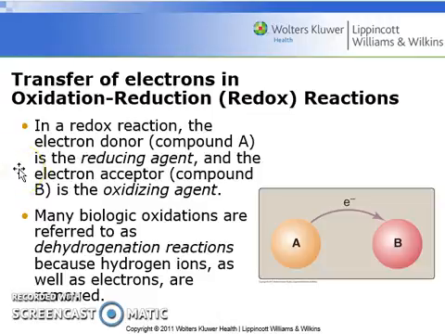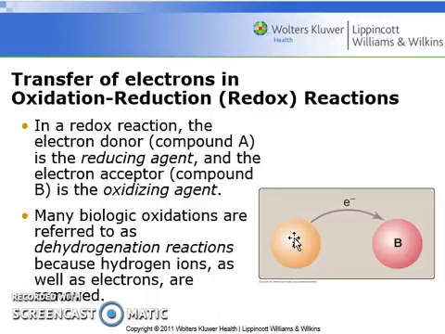So the transfer of electrons in oxidation reduction reactions occurs when you have one compound that becomes oxidized by losing an electron, and you have one compound that becomes reduced by gaining the electron that was lost from the first compound. Another way that we define compound A is that we refer to it as the electron donor.